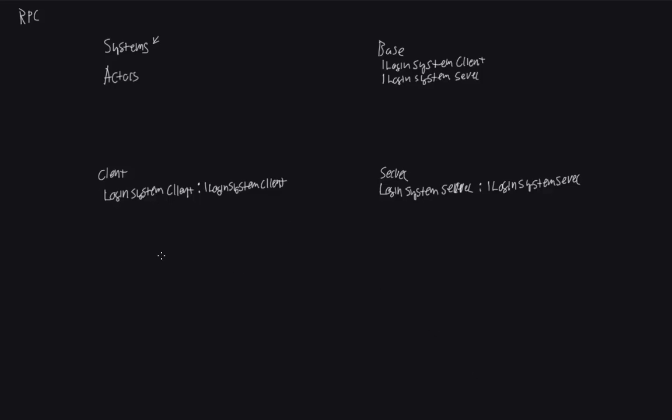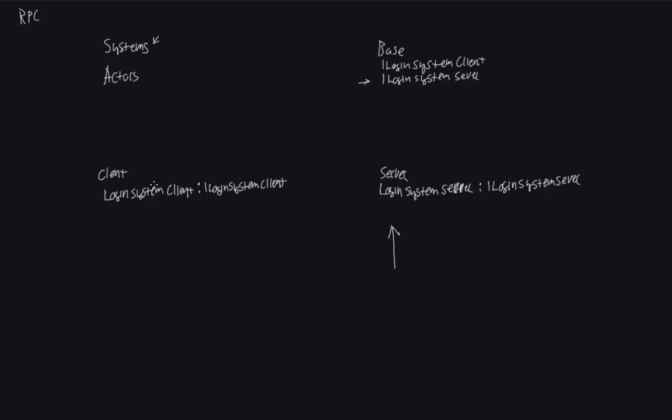The client is actually going to receive an object that is of type ILoginSystemServer. But you might be going, hey, wait, I thought the class that implemented that interface is all the way here on the server. How can the client have an instantiation of this object locally in its process? The answer is, well, it couldn't, but what you can do is what our RPC system basically boils down to.